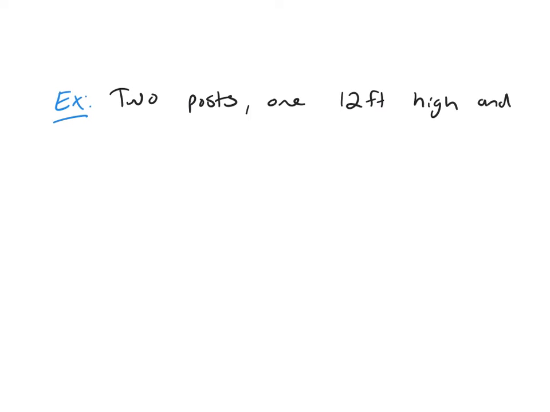Let's look at one final optimization problem. So we're going to look at the following example. Two posts, one 12-foot high and the other 28 feet high, stand 30 feet apart.